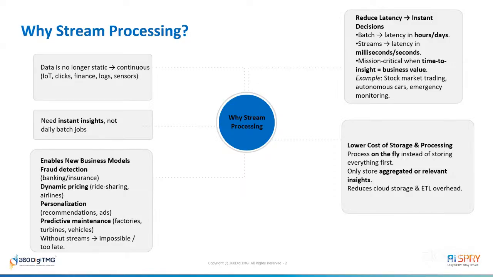For later historical insights, you can aggregate or summarize them and save, which will lower the cost of storage and processing. So these are some other benefits. Stream processing is nothing but, as soon as data comes, within less than a second, in a few milliseconds, you have to extract an insight that has business value. That is stream processing.